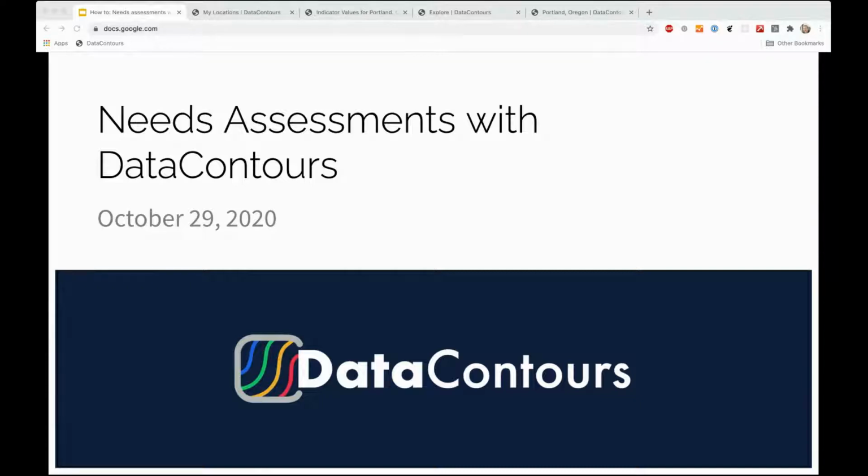And so we'll talk about how you can use the tools and data within DataContours, both specifically for something like a community health needs assessment, but also more generally as you're looking to analyze and understand your community, how DataContours can help with that.